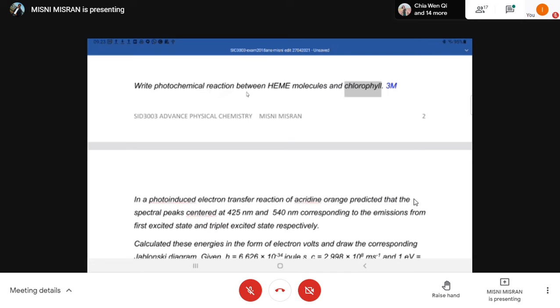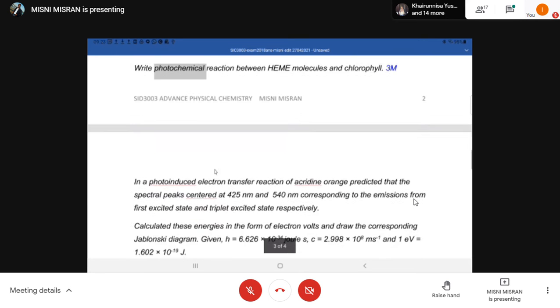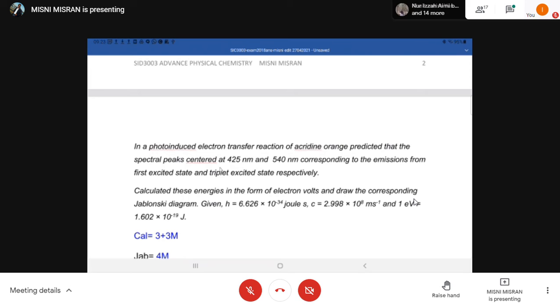This photochemical reaction involves light. So somehow you have to put h nu, or you can write light, right? It doesn't matter. That's representative of the reaction. But normally we write h nu, isn't it?